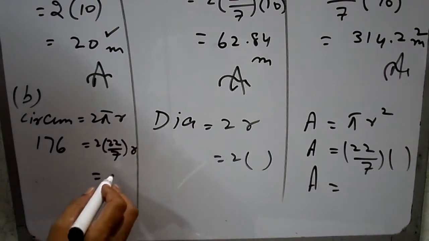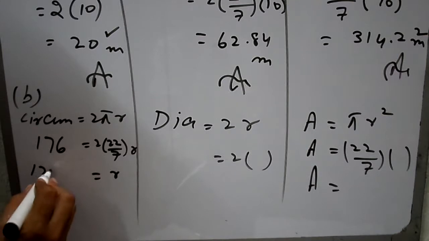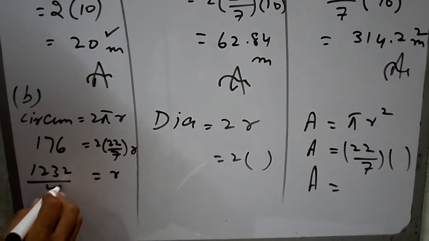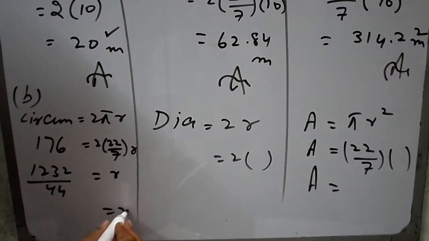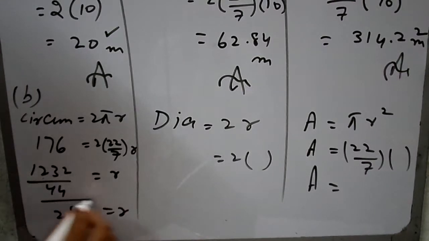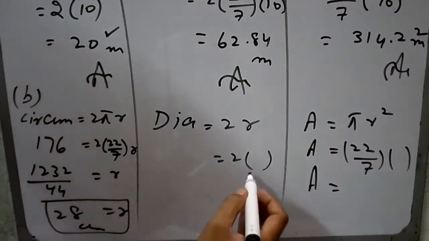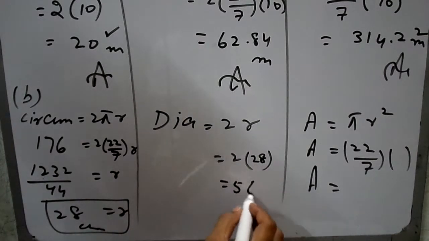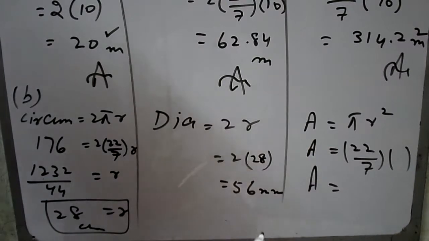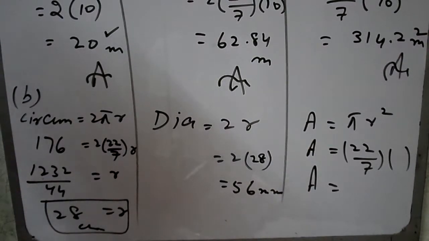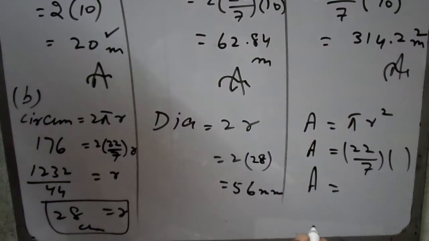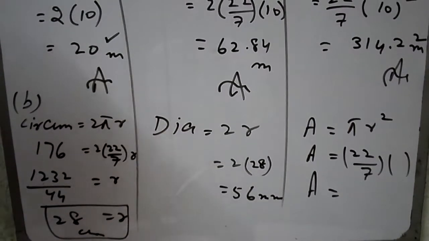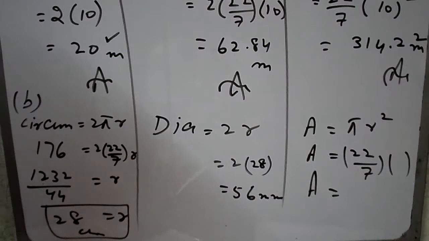So by using cross multiplication you will get 1232 divided by 44, so the value of r is 28 centimeter. So this r can be used here, that is 28, so you will get 56 millimeter.